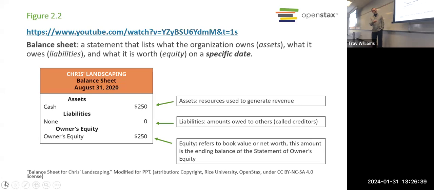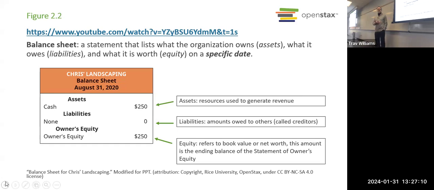Now, we already said this equity, that net income, remember, that increased the equity, probably came from sales. Where do you think the assets came from? In this case, if he had $250 of sales and he has $250 of assets, I'm assuming Chris is male, maybe Chris is female, but where do you think the cash came from?